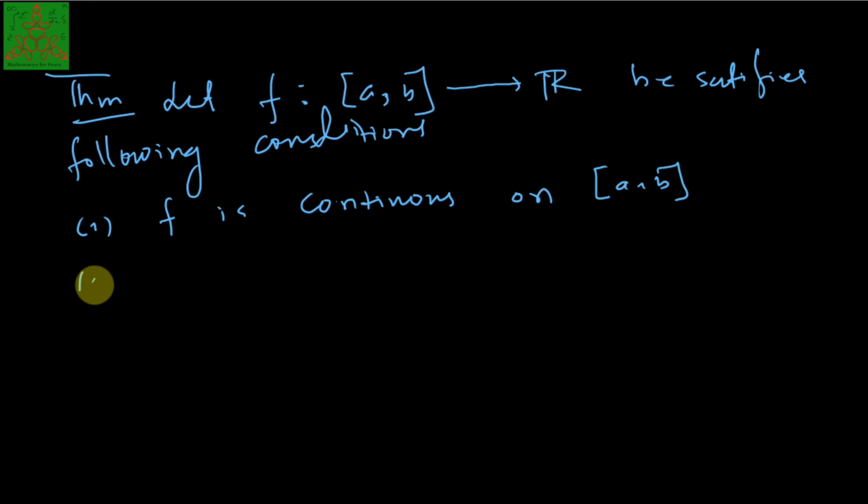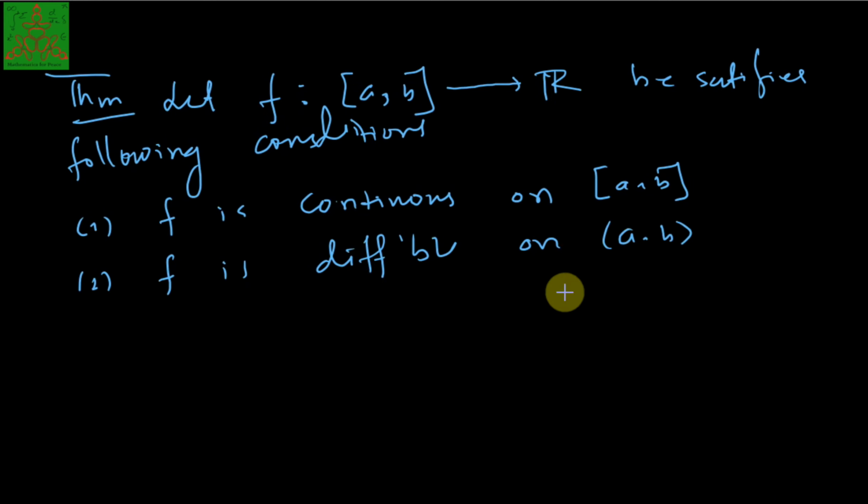Second one, f is differentiable on the open interval (a, b). And the third one is f(a) = f(b). That means the endpoints have the same y coordinates.